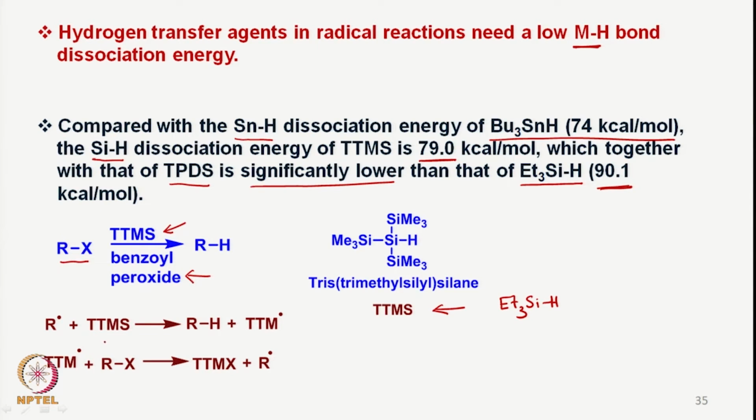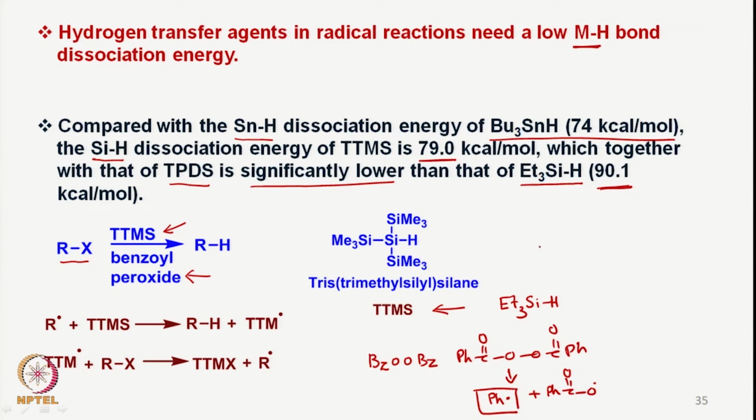Basically, benzoyl peroxide, or we can write it something like this, PhCOO-OCOPh, when heated, eventually breaks to phenyl radical, or PhCOO radical, but eventually it forms this phenyl radical, which can take the X from there.